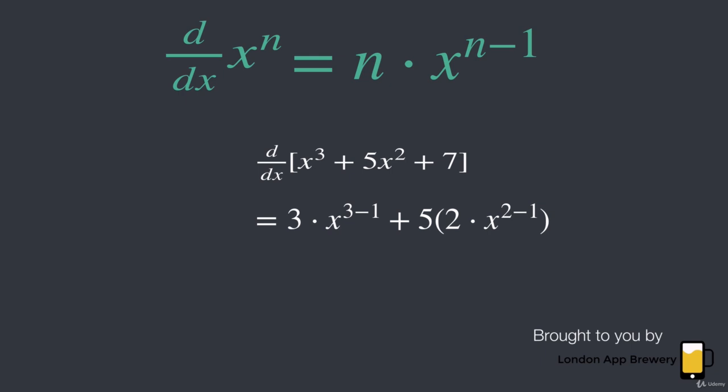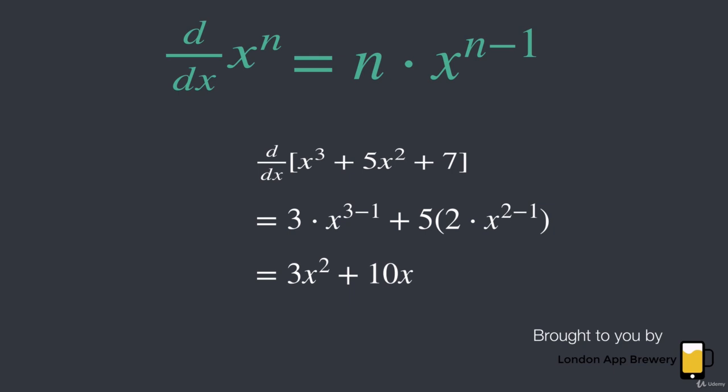That 7 just disappears. That 7 just drops, because 7 is a constant. It doesn't depend on x. Constants don't change, and since the derivative is all about the rate of change, the constant drops out. It's equal to 0, so the 7 disappears. So what we end up with is 3 times x to the power of 2 plus 5 times 2 times x, right?